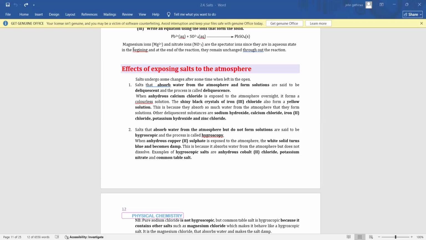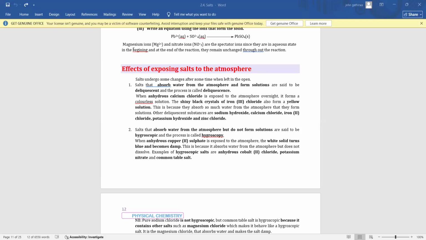We have 26, D61, give us the answer. So you add excess lead (II) oxide to dilute nitric (V) acid solution. You filter to get lead (II) nitrate as the filtrate.